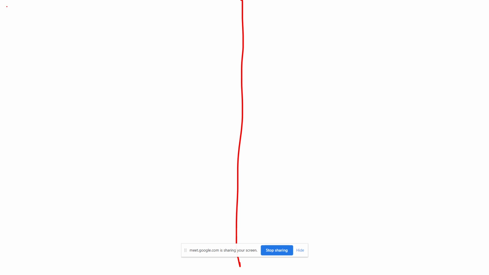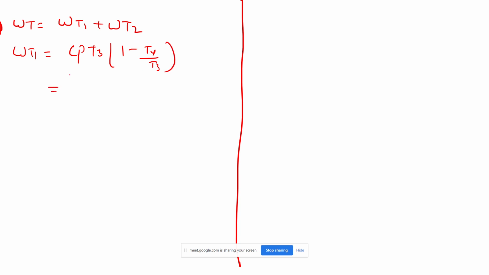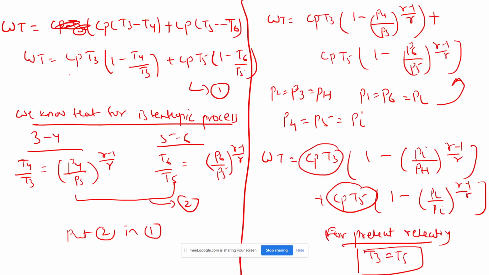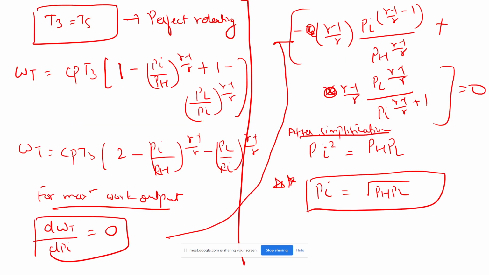Now, what is the turbine work? Turbine work is turbine work 1 plus turbine work 2. First we will write turbine work 1. What we have got is Cp into T3 times (1 minus T4 upon T3). I have directly taken this from what we have written here.